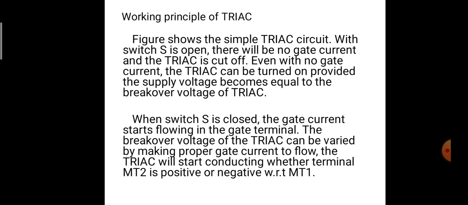The breakover voltage of the triac can be varied by making a proper gate current flow. The triac will start conducting whether terminal MT2 is positive or negative with respect to MT1.